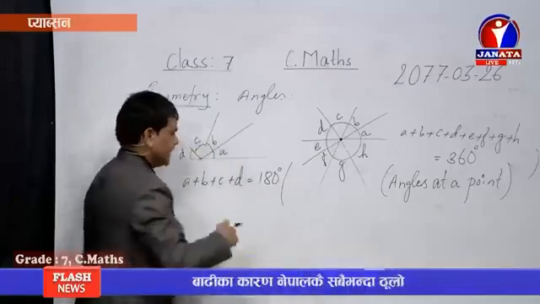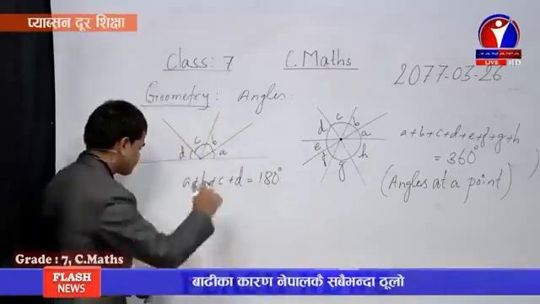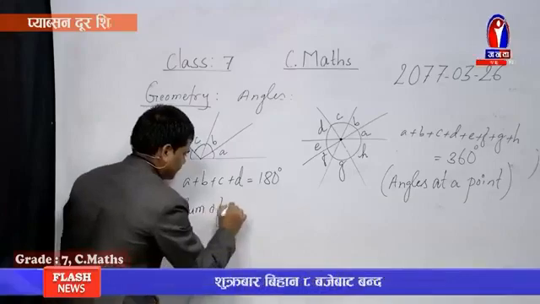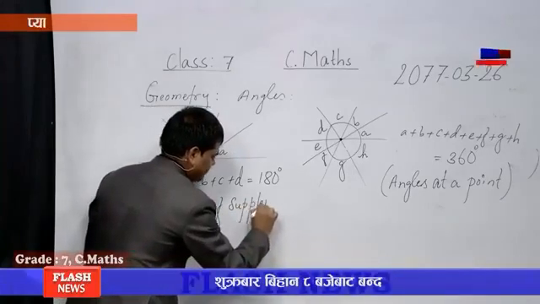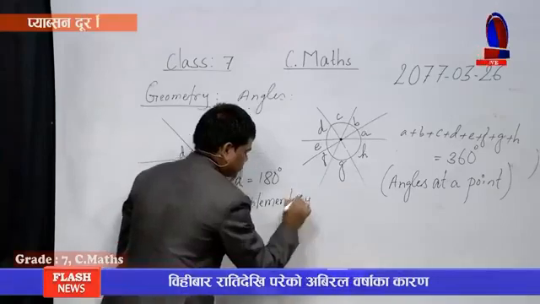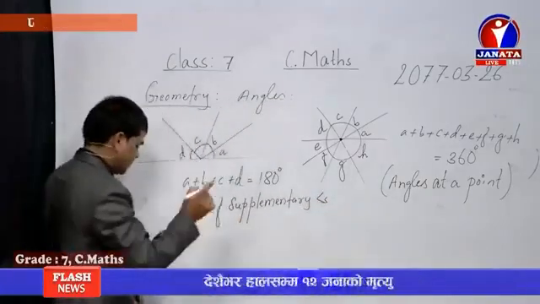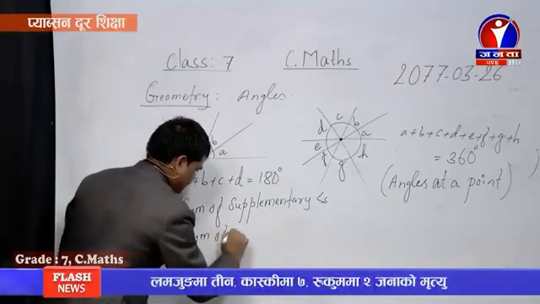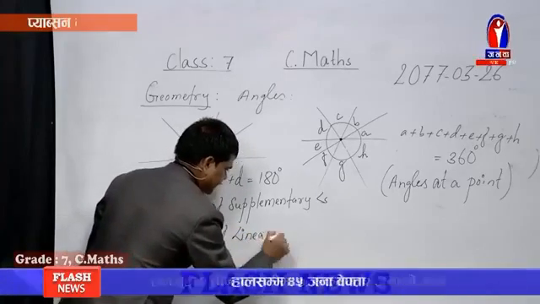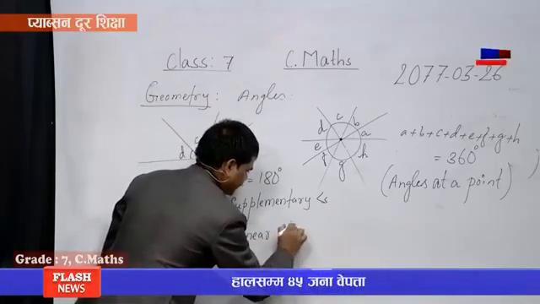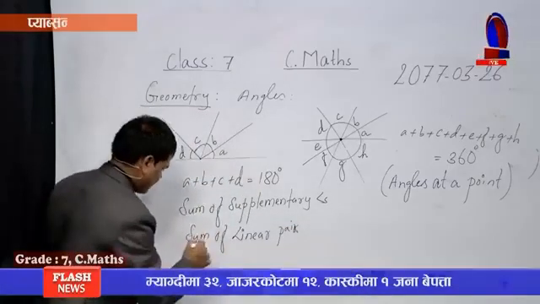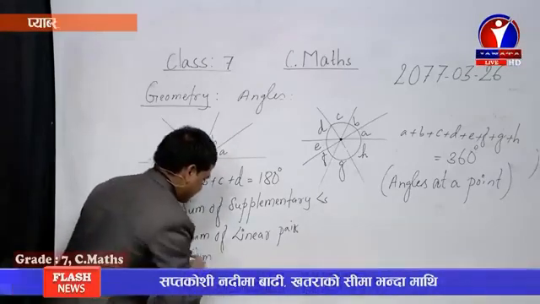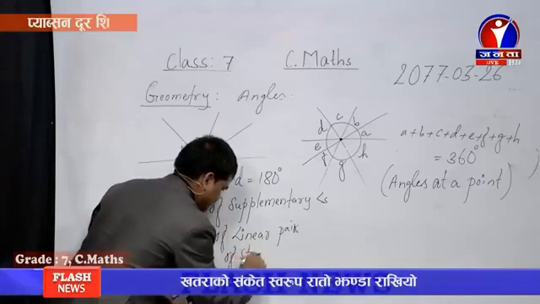And this is known as what, dear student? At that time also I had told, what do you have to write for this one? Sum of supplementary angles, or some people write sum of linear pair, and some people write, dear students, sum of straight angles.